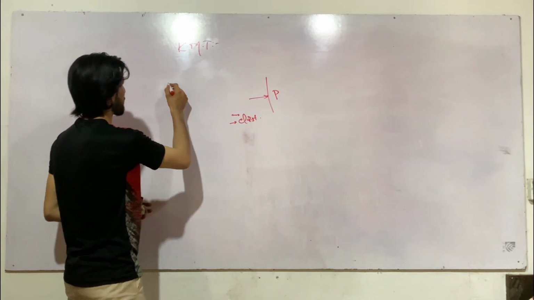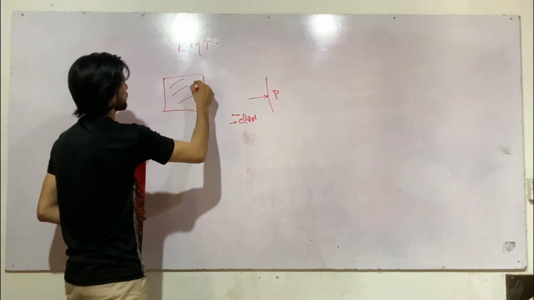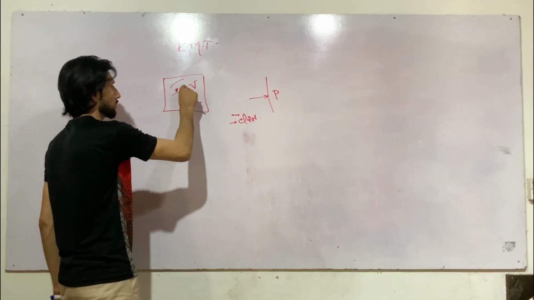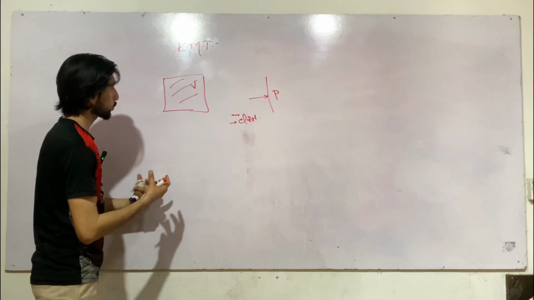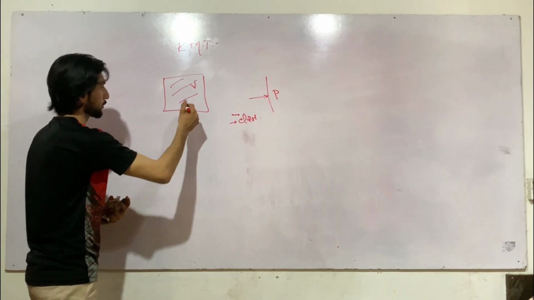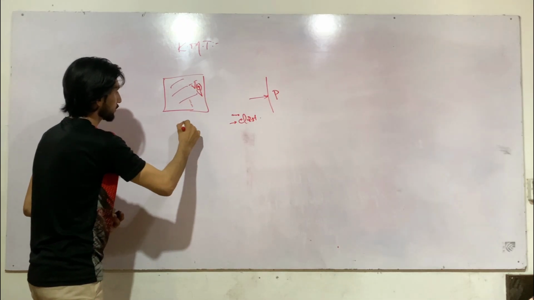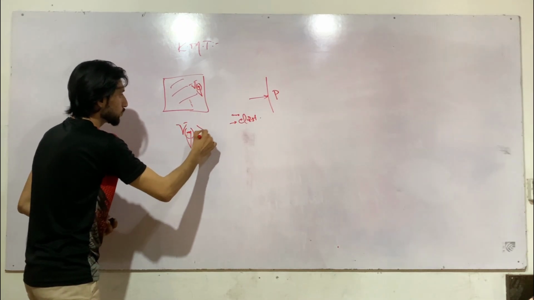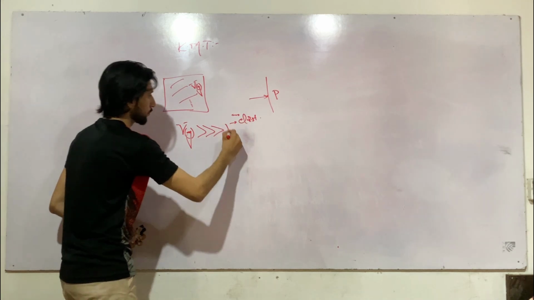Suppose you have a gas in a container. This is the volume of the gas, but the actual volume of the molecules of the gas is negligible. I'll call this Vg, which is very, very much greater than Vm.